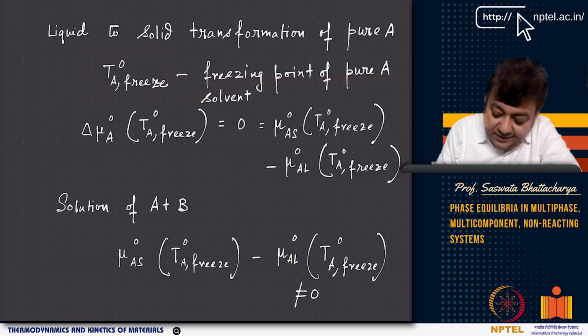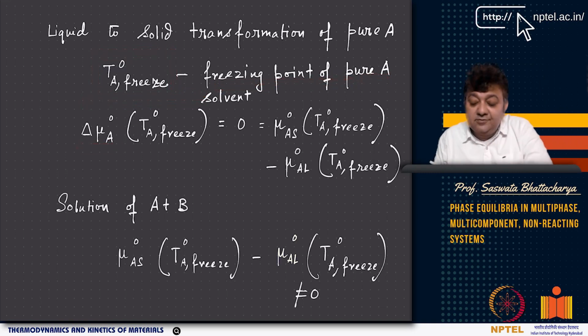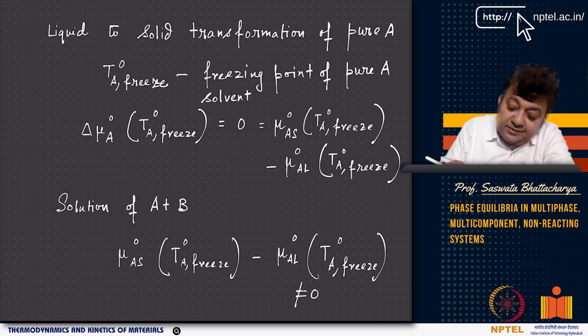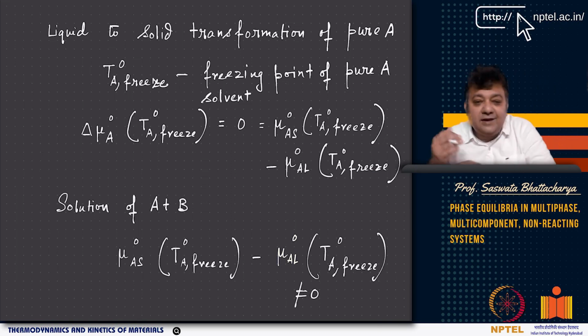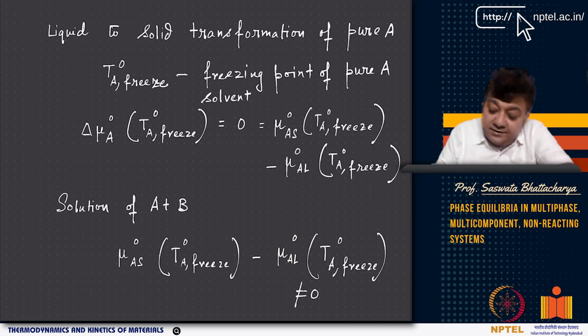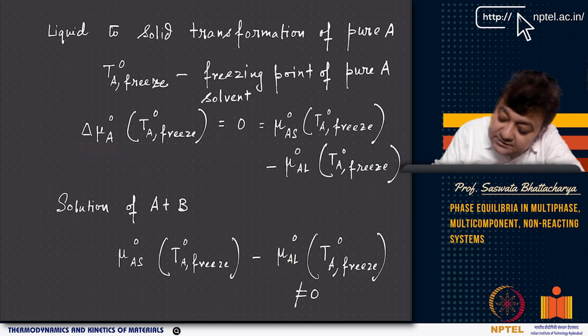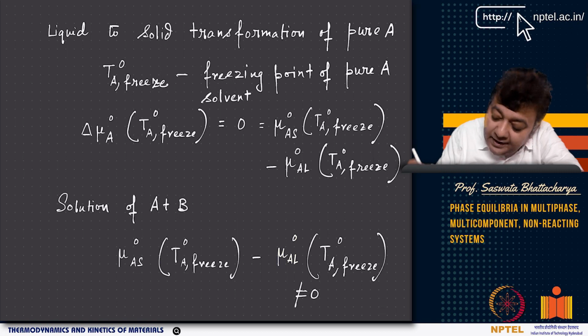Now if I look at delta mu A, when you are looking at pure A and the liquid to solid transformation, then at T A 0 freeze, delta mu A is 0. That is the relative partial molar quantity, or basically the chemical potential difference between A in the solid state and A in the liquid state.